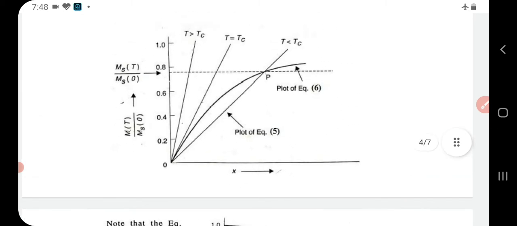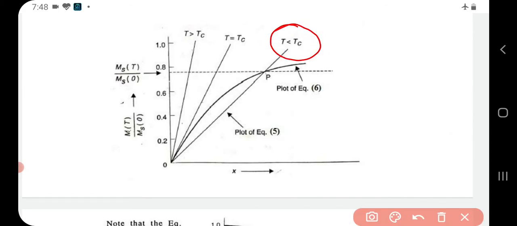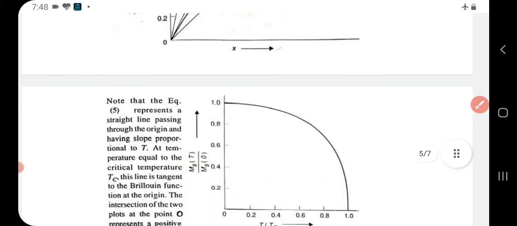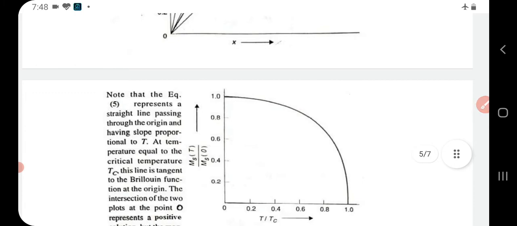At T equal to Tc, the critical temperature, what happens to that straight line? It becomes a tangent to the Brillouin function at the origin.